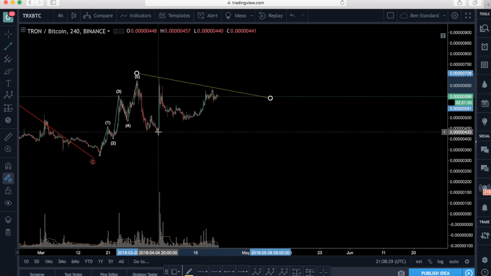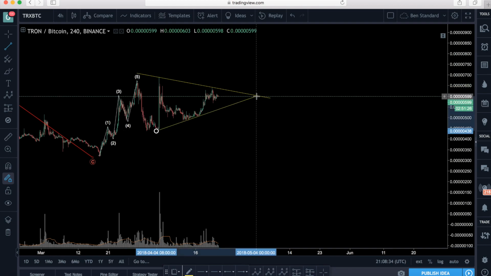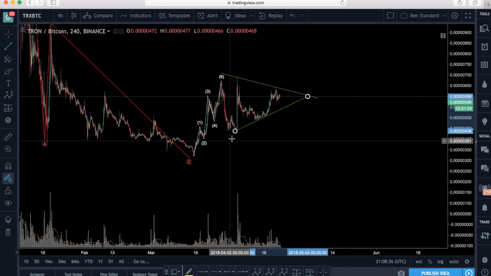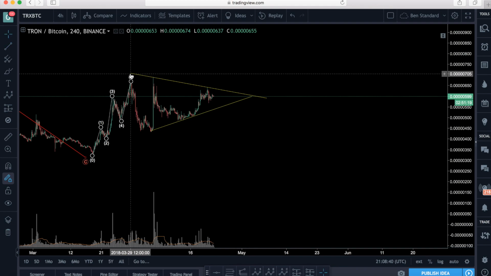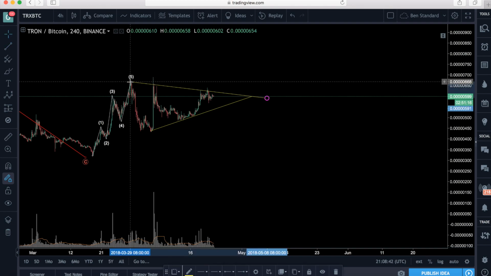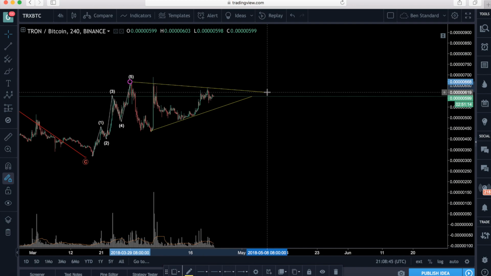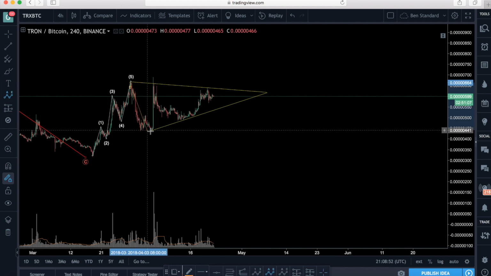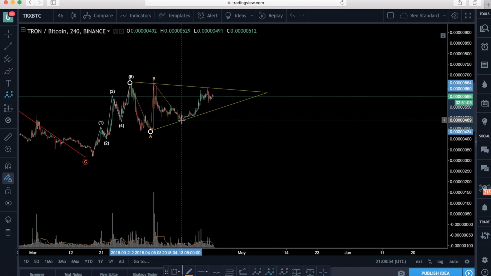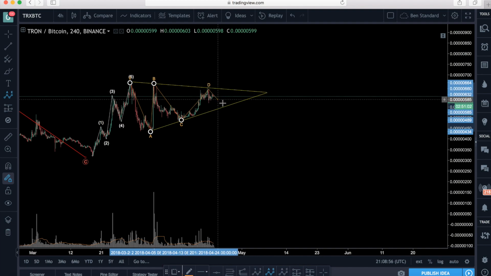So I see a triangle forming, and I could even draw it from here. And then we have the ABCDE. The E wave would probably end somewhere around this area.